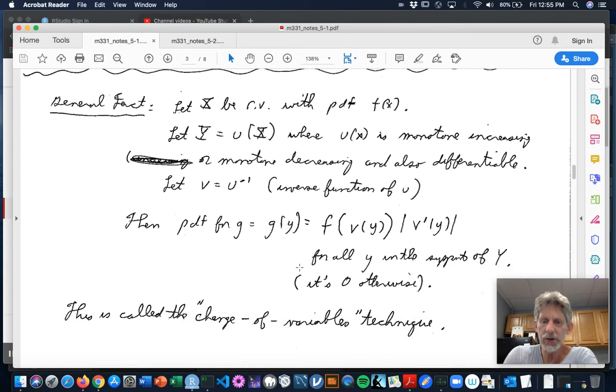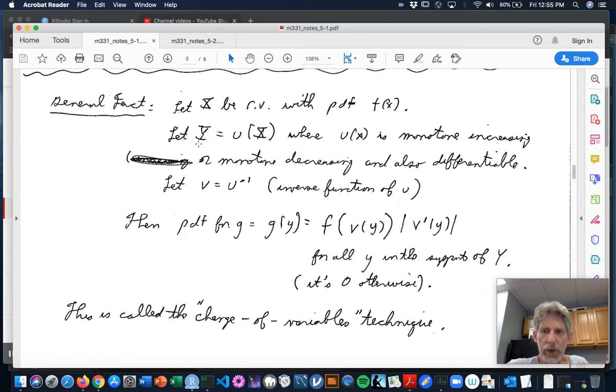Okay, so let's turn from the CDF method now to what we call the change of variables technique. It's based on a theorem that's really the substitution method back from Calc 1, but it's specialized here to the situation where we're dealing with PDFs as our functions.